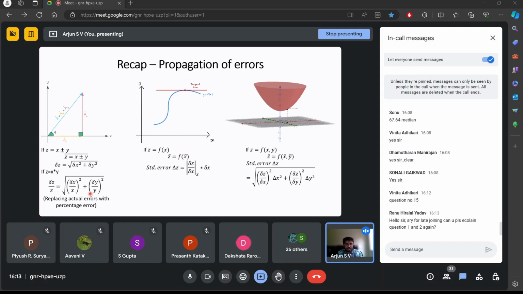So you just substitute the standard error in them, and then you proceed with that. So it will be 0.36 divided by 6 will be your standard error for delta x, and 0.28 divided by 7 will be the standard error for delta y. I hope it's clear.